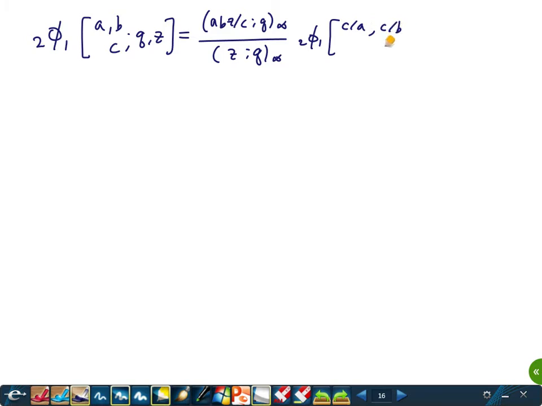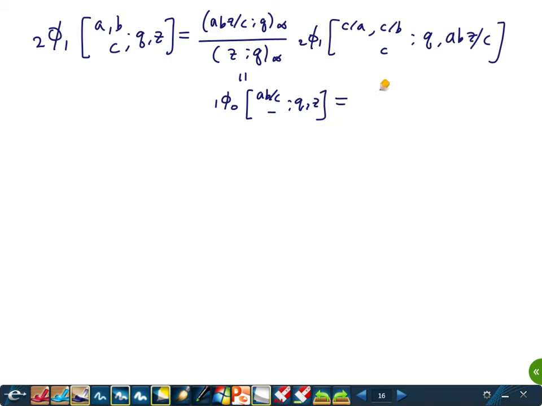This is one of the Heine transformations, (a, b; c; z). But something infinity over something infinity. This is the q-binomial, one side of the q-binomial theorem. So this is equal to what? 1 phi 0 (a, b over c; nothing; qz), right?